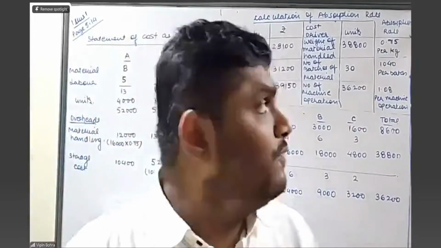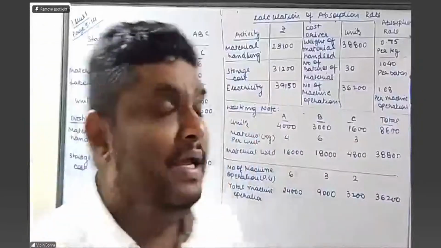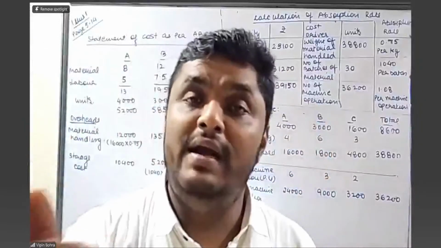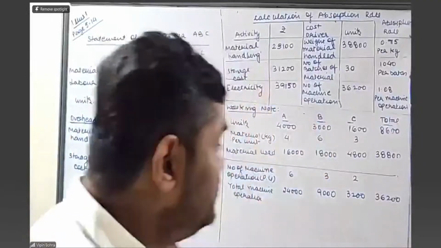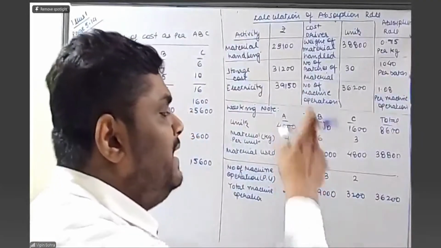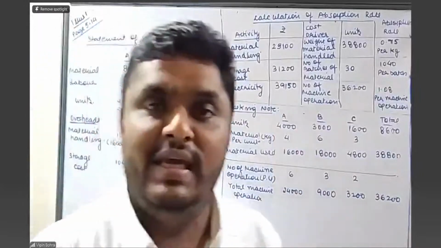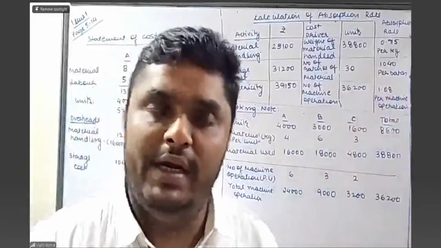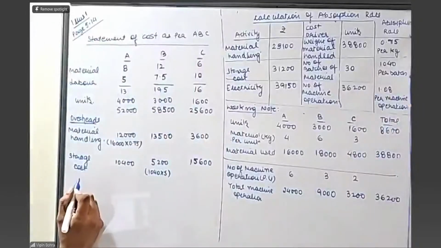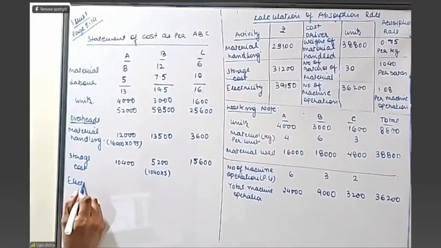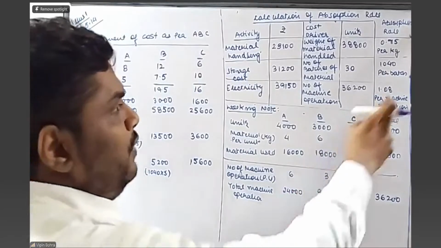Now third overheads are what? My electricity cost. It is dependent upon what? Number of machine operations. On what is it dependent? On machine operations. And for machine operations we have 24,000 for A, 9,000 for B, and 3,200 for C. So simply these figures need to be multiplied by 1.08. So 24,000 into 1.08.